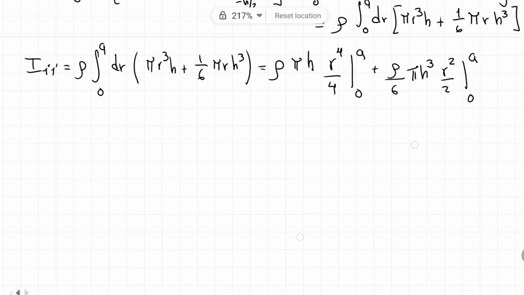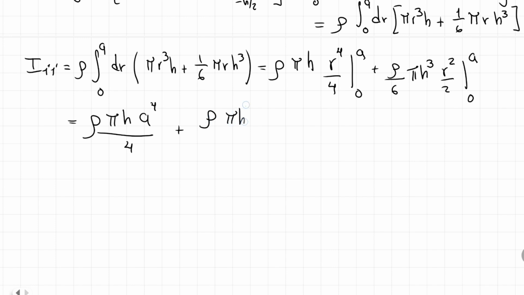Okay, perfect. So it's easy to evaluate in this case, looking that the inferior limit of integration is equal to 0. This will give us the density pi h a to the fourth divided by 4 plus the density pi h cubed a squared divided by 12.